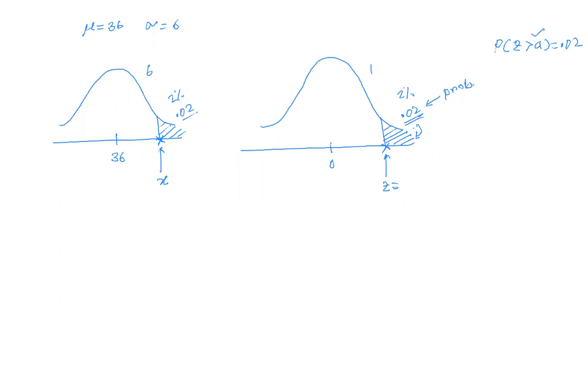Now, this is a scenario where you should not be looking for 0.02 area because this area is to the right. So in essence, you should be looking for an area of 1 minus 0.02, which is 0.98. So on the standard normal distribution table, you should look for an area of 0.98.